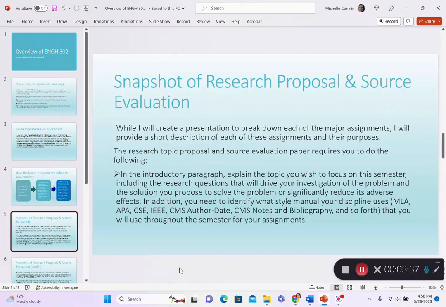In addition, you need to identify what style manual your discipline uses, such as MLA, APA, CSE, IEEE, Chicago Manual Style Author Date format, Chicago Manual Style Notes and Bibliography format, and so forth, that you will use throughout the semester for your assignments.